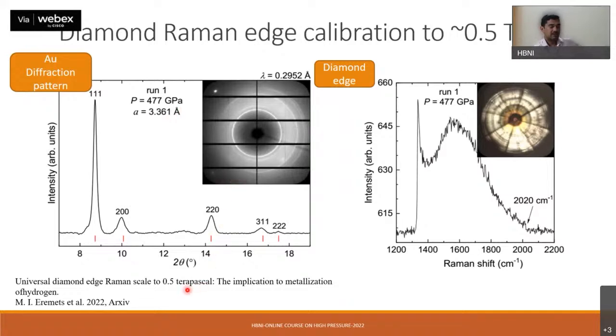So Akahama et al. have given a universal diamond anvil Raman scale up to 0.5 terapascal, and they have tried to elaborate the implication of this scale for metallization of hydrogen, which, if time permits, I will show in the last of my lectures about hydrides and hydrogen.